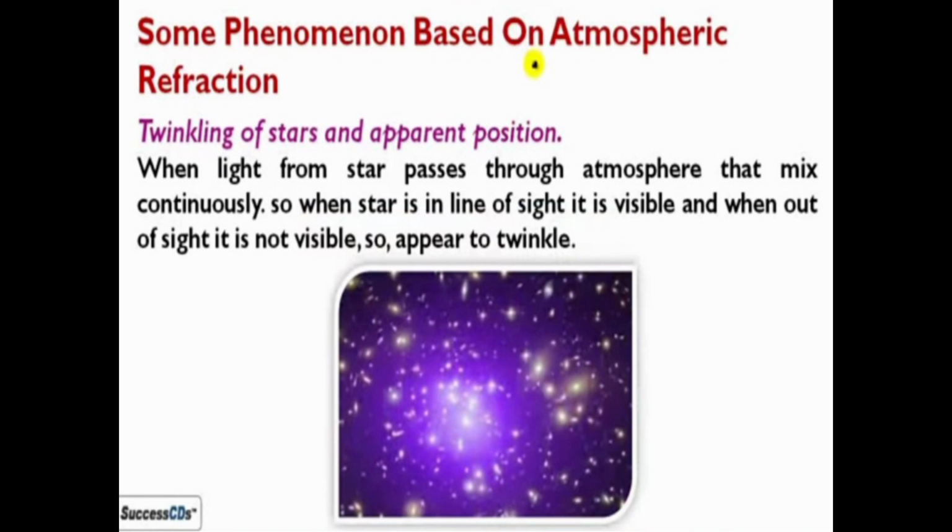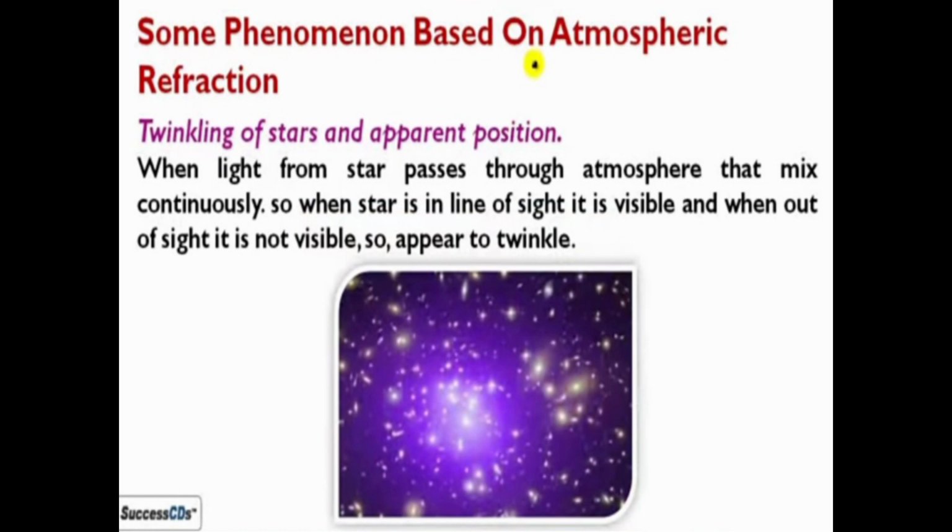That is the apparent position of the star. The star which we can see is slightly different from its actual position. So the star appears slightly higher than its actual position.